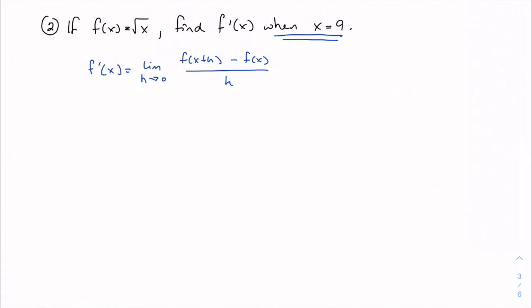So let's plug in. So limit as h approaches 0. I have the square root of x plus h minus the square root of x divided by h. And you might be wondering, what do I do with this? I bring up this problem because it's a really important tool.